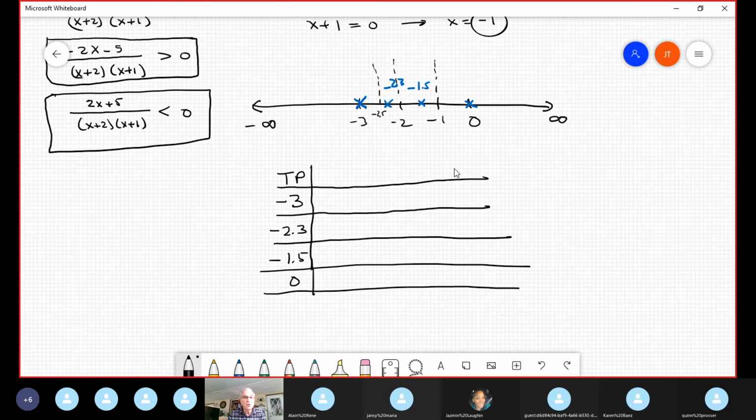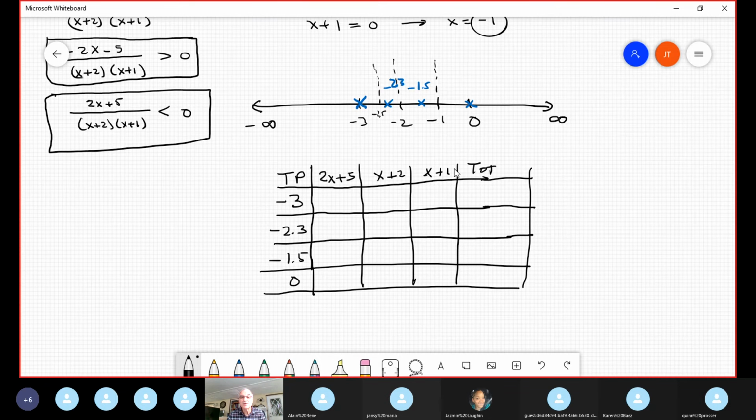The factor involved in my problem was 2x plus 5. The order is not important. X plus 2, x plus 1, and you create the last column, the column in which you summarize everything, total. I call total.